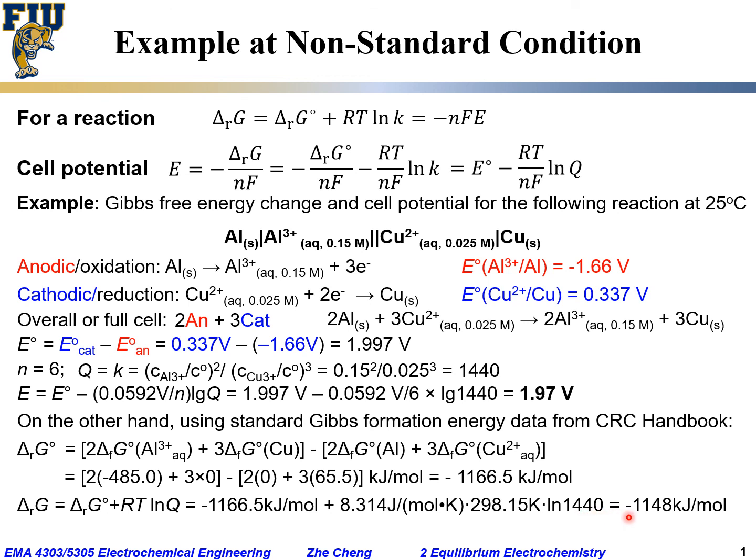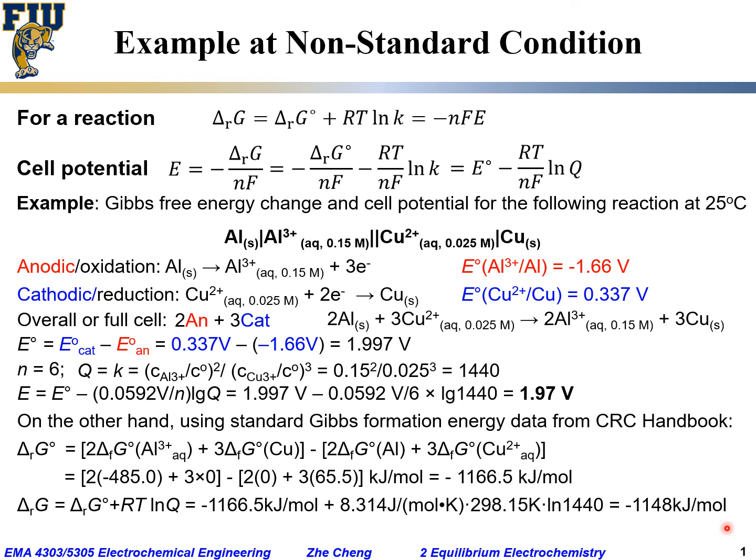We would get a number for ΔrG, the reaction free energy change, of minus 1148 kilojoule per mole, a very negative number, which means from aluminum metal and copper ion to form aluminum ion and copper is a highly energetically favorable process.